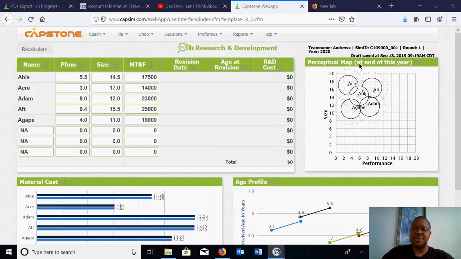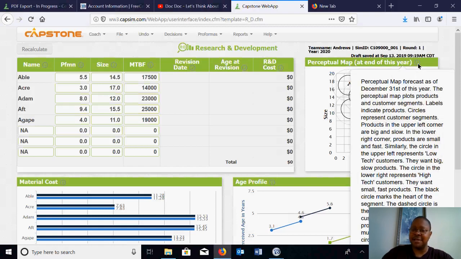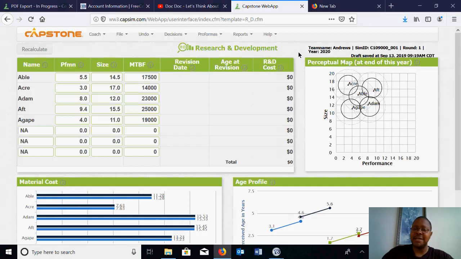As you see over in the upper right side, this is round 1 at the end of the year, so these are where the products will be at the end of the following year. Again, the scaffolding icon gives you an idea what that is. The key is to try not to put enough R&D into a product that it takes longer than a year for that R&D to come online.